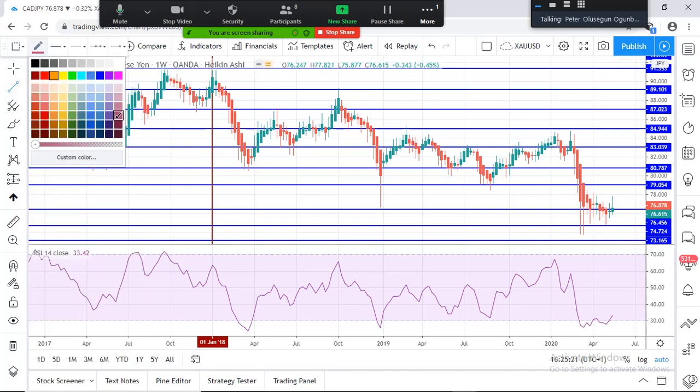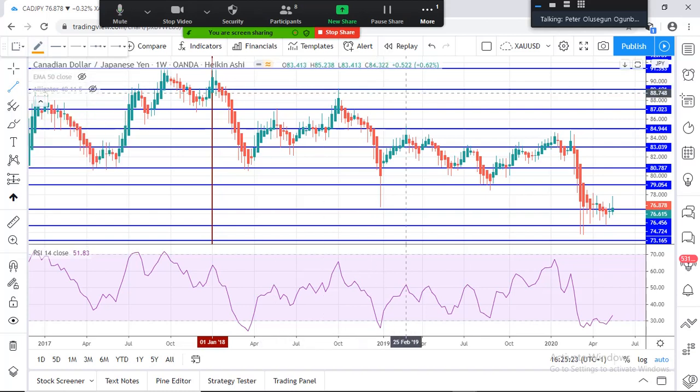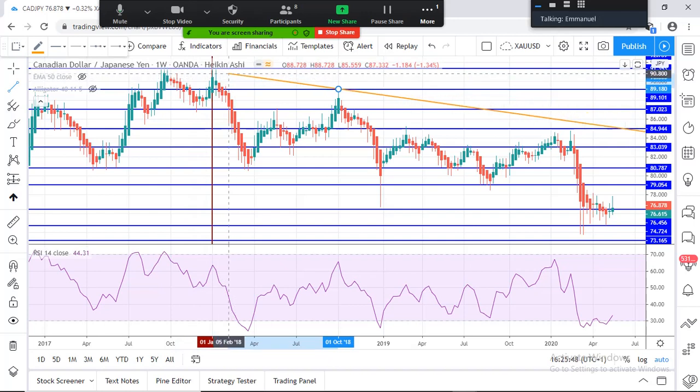Let me pick this color. These are the colors I use to pick from this particular level. The price has to be touching on it. So yes, I take it and I'm watching. I want it to be on top of this, directly on top like that.